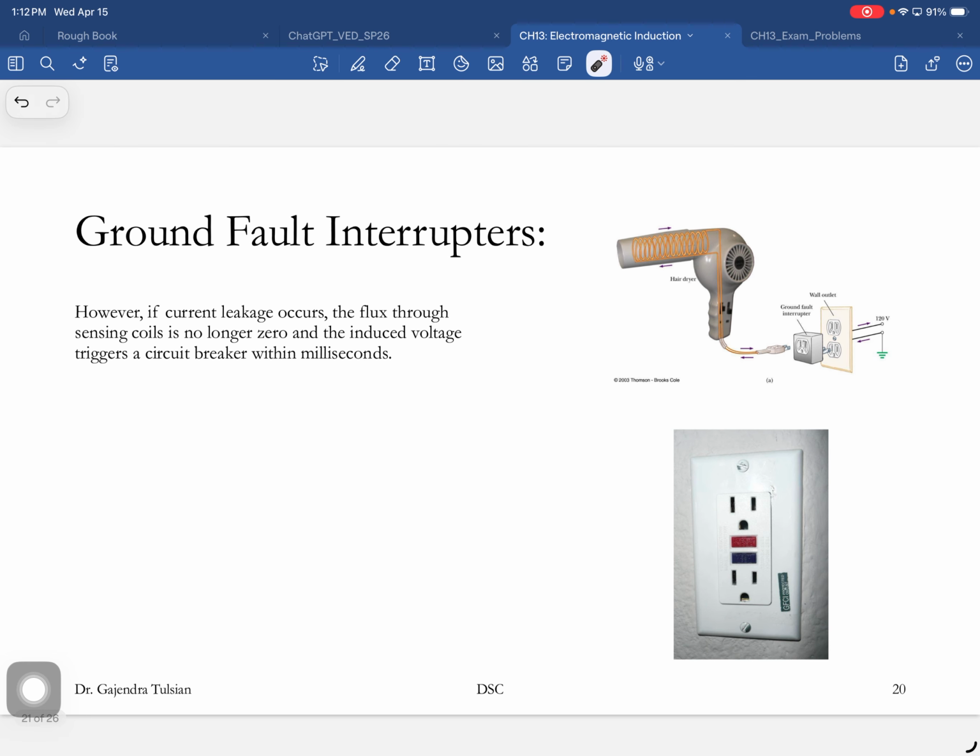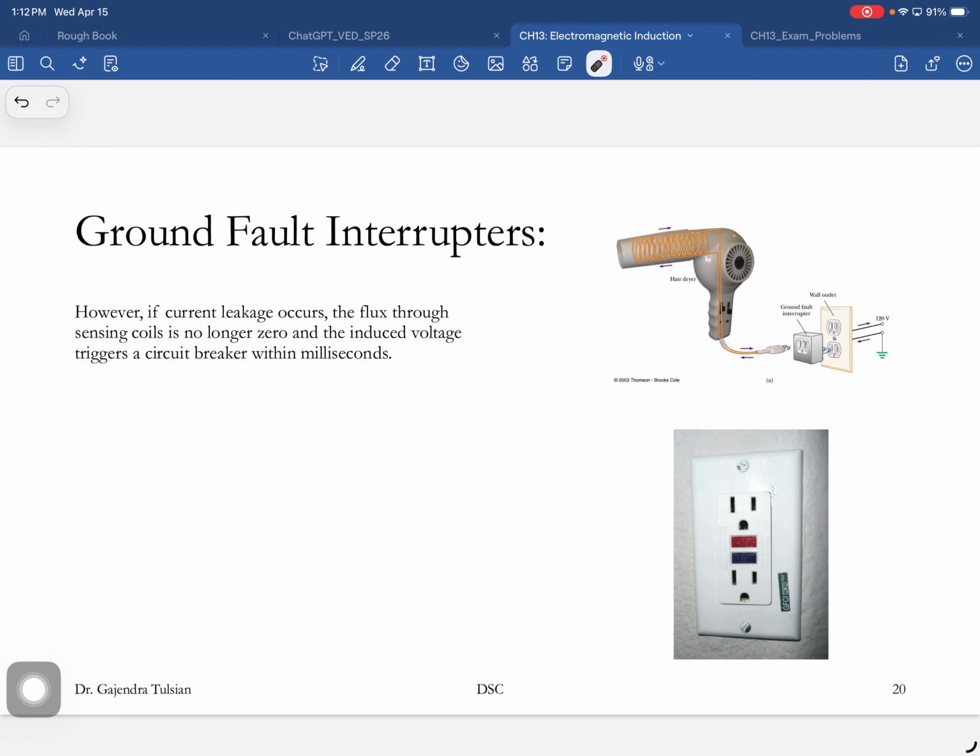Okay. So let's say you're using a hair dryer or whatever. Okay. And let's say this wire breaks, and this wire hits the casing, and you're holding on to the casing. So instead of the current flowing back into the system, current flows through you to the ground.